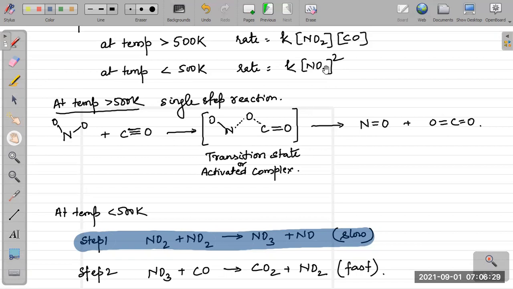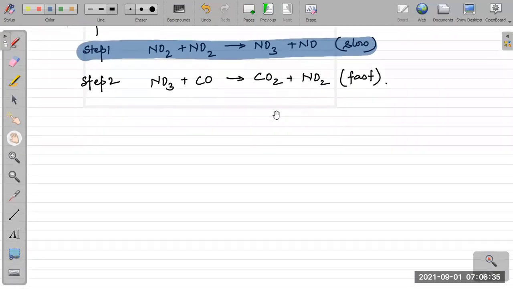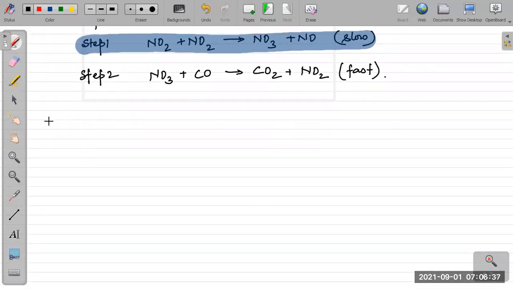We are going to take another reaction, that is the hydrogen-iodine and hydrogen-bromine reaction. Example 4. A: H2 plus I2 gives 2HI.